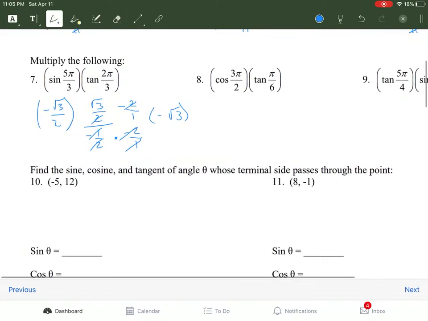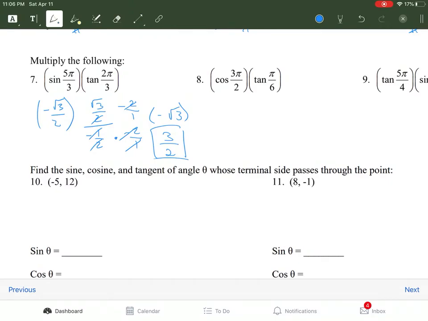If we multiply what we have over here, -√3 over 2 times the square root of 3, the square root of 3 times the square root of 3 is the square root of 9, which is just 3. The two negatives give you a positive, so you have 3 over 2. The 2 gets multiplied by 1 on the denominator of the square root of 3, so it doesn't change.